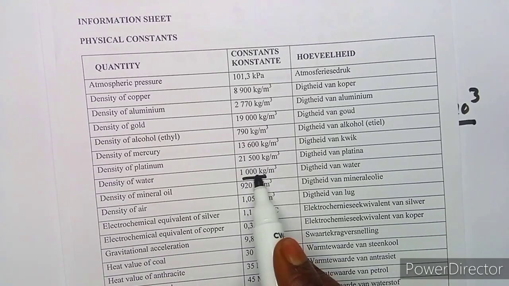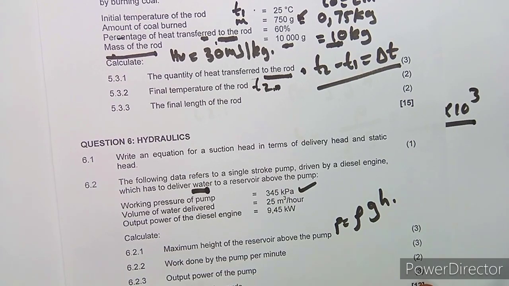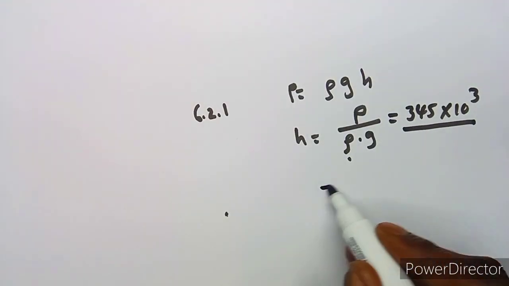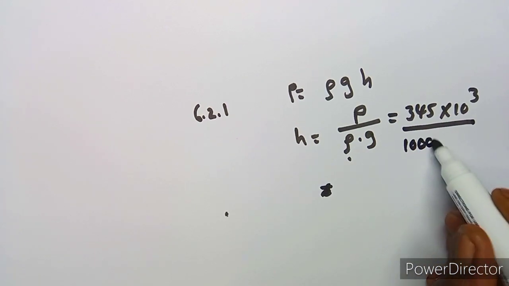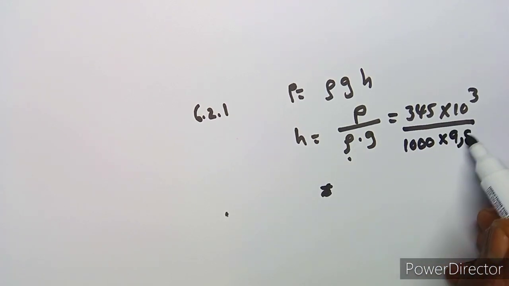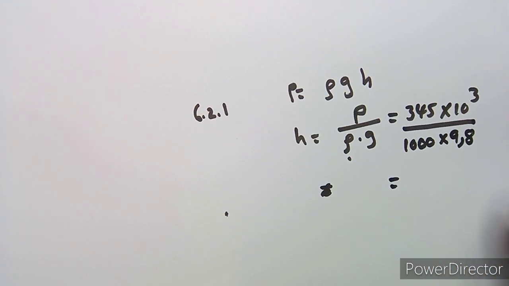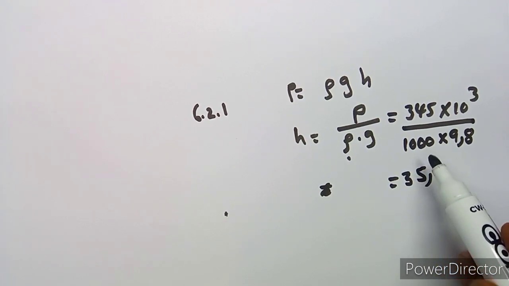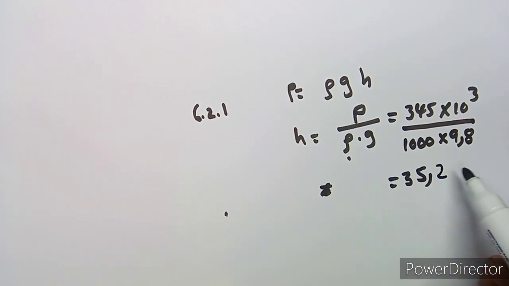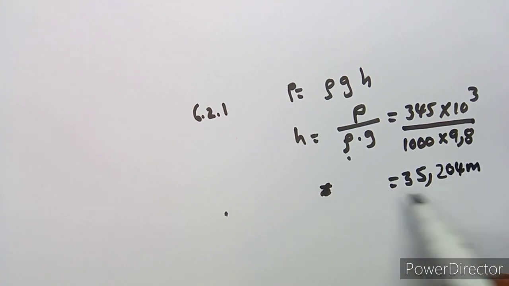We have 1000 kg per cubic meter. So this is 1000 times 9.8. Applying your calculator properly, you're going to obtain 35.20408 meters.